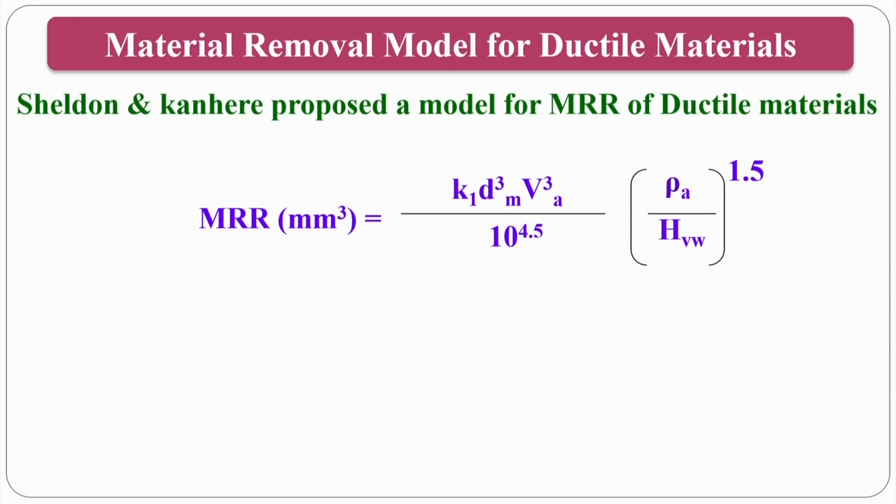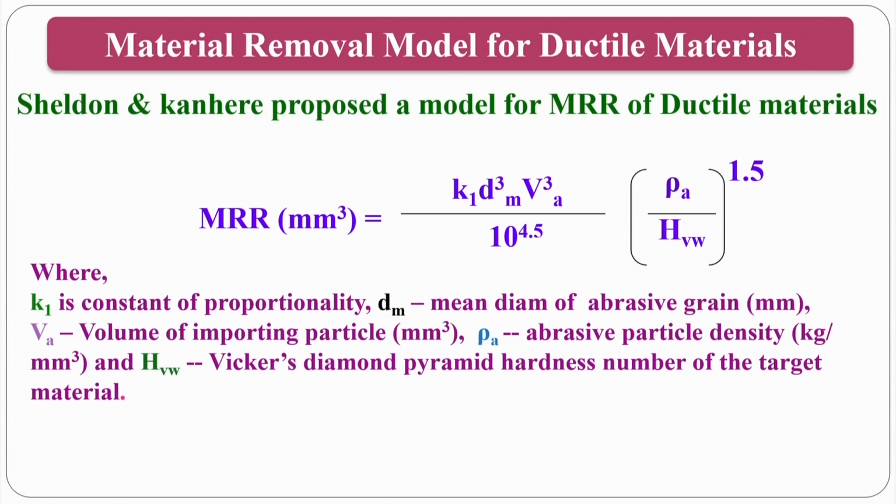If you see MRR, the volumetric material removal, it is normally K1 D cube and VA cube, divided by the various terms given here, rho A and HVW. This is the one equation. K1 is a constant of proportionality, and DEM is the mean diameter of the abrasive particle or abrasive grain.